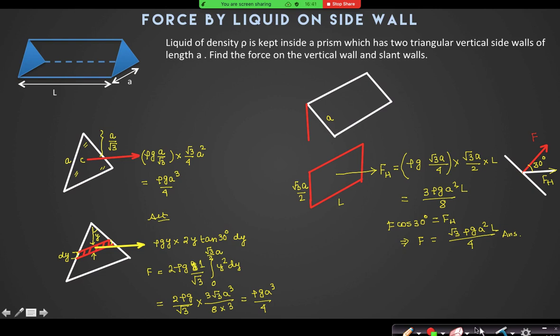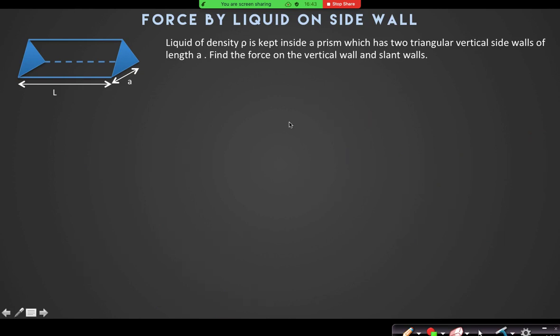Okay, I'll erase this board now. Alternate way to find FV. Don't be confused with any of the methods. You can use whatever method you like, but if someone asks directly to calculate FV, then I think this method is suitable.